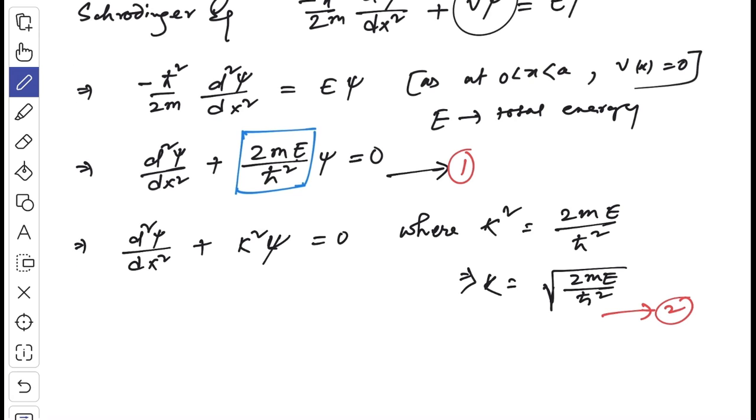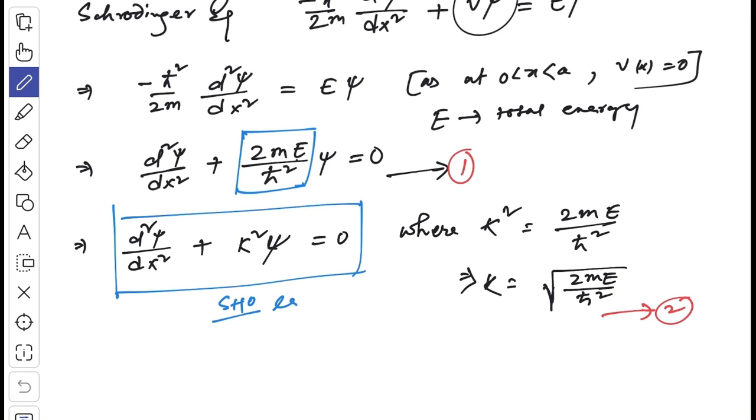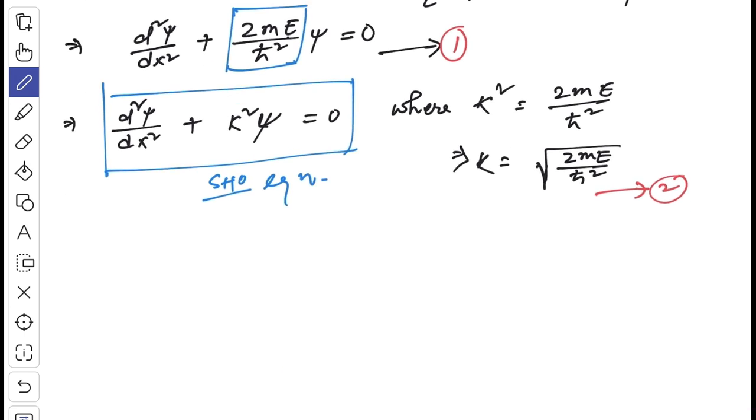Now what you can see from here is that this is a simple harmonic oscillation equation. So its solution should be like this.